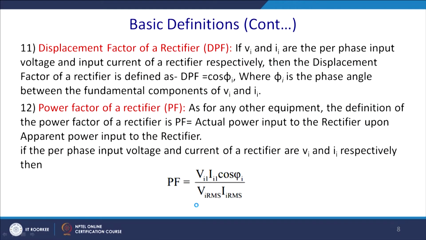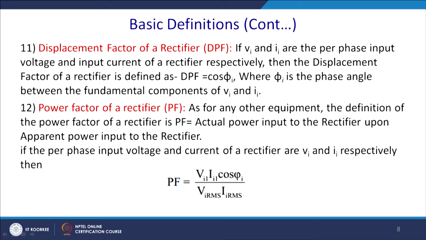Another is the displacement power factor of the rectifier, that is DPF. Let us say if the voltage and current of the rectifier are phase shifted, then the displacement power factor of the rectifier is defined as cos phi 1, where phi 1 is the phase angle between the fundamental components of current and voltage.